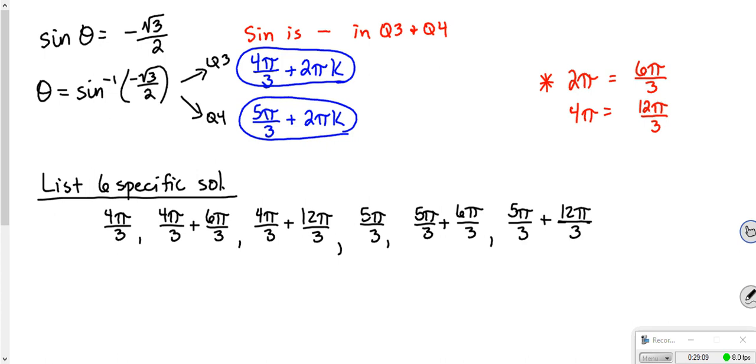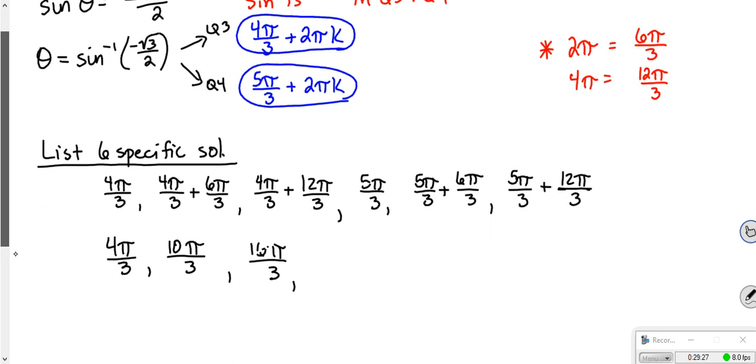So we need to actually solve some of these here. So 4 pi over 3, this is going to give me 10 pi over 3. The next one is going to give me 16 pi over 3. Let me scroll down to get rid of my dead spots here on the board.